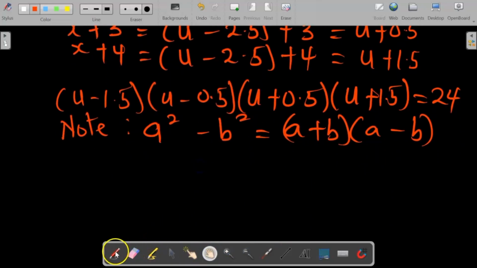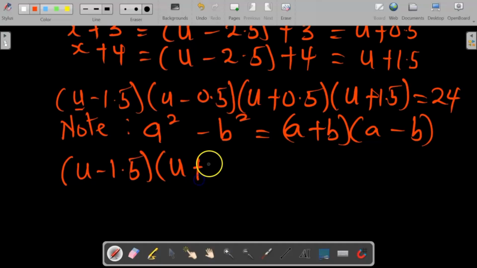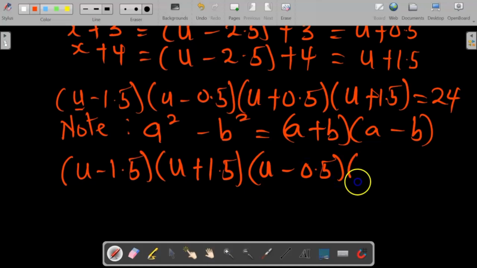A plus b is here, a minus b is here, so bring them together: (u minus 1.5)(u plus 1.5), then (u minus 0.5)(u plus 0.5) is equal to 24.